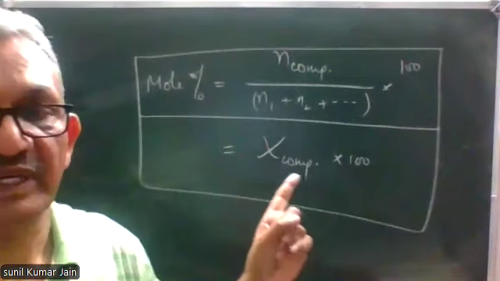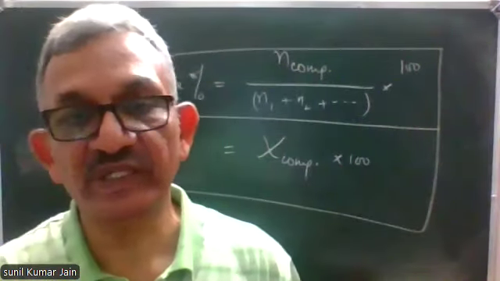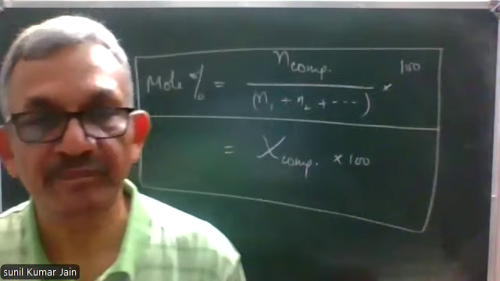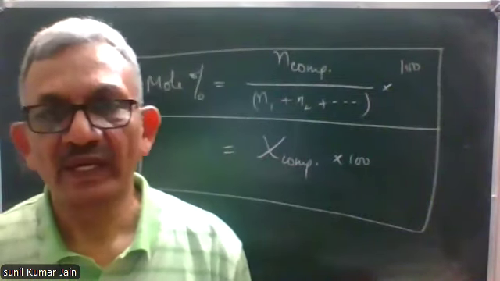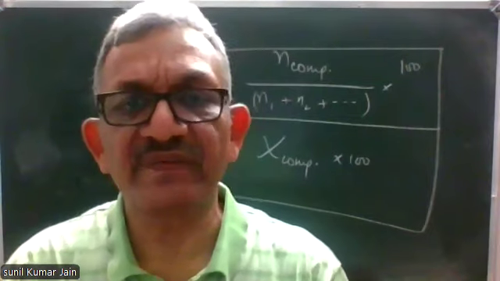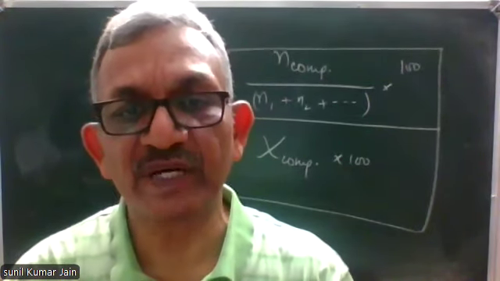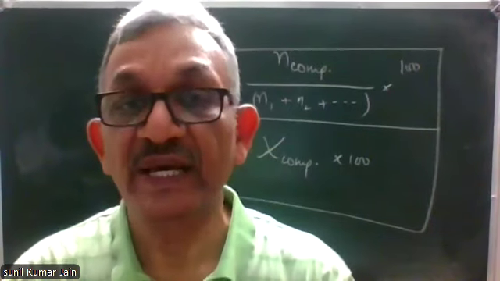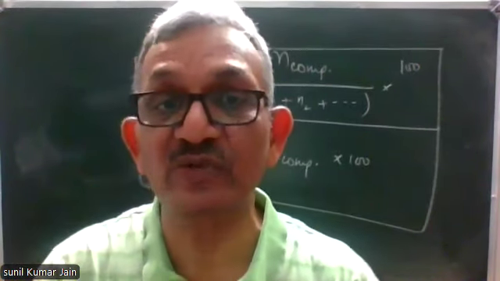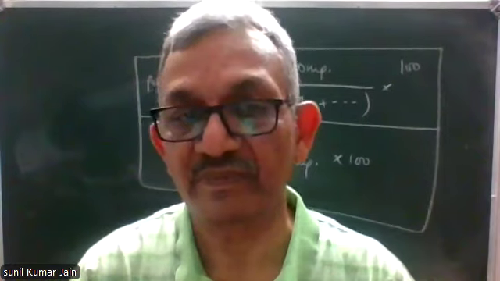It means this is nothing but mole fraction into 100. See, if you are given mole percent, divide by 100, it becomes mole fraction, and mole fraction is a widely used term in this chapter.